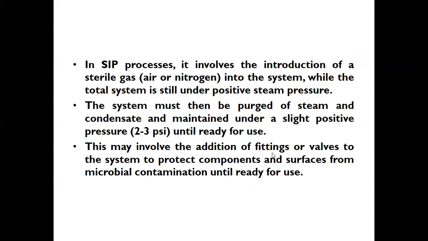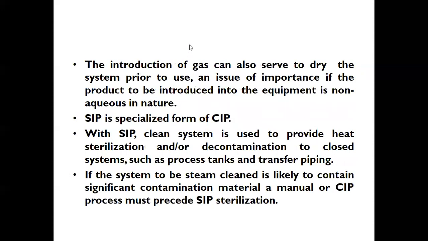This may involve the addition of fittings or valves to the system to protect components and surfaces from microbial contamination until ready for use. The introduction of gas can also serve to dry the system prior to use, an issue of importance if the product to be introduced into the equipment is non-aqueous in nature.